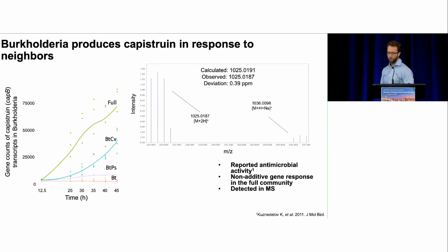Additionally, we were able to identify this molecule using mass spec, so we know it's there. Looking at its abundance through time, we see a pattern of the transcriptional response increasing through time and also the abundance of this secondary metabolite increasing through time as well.